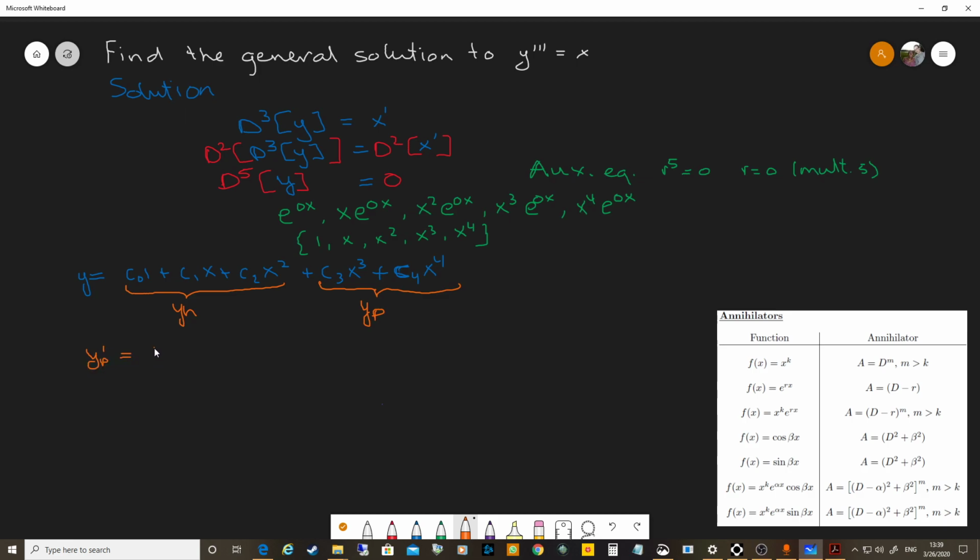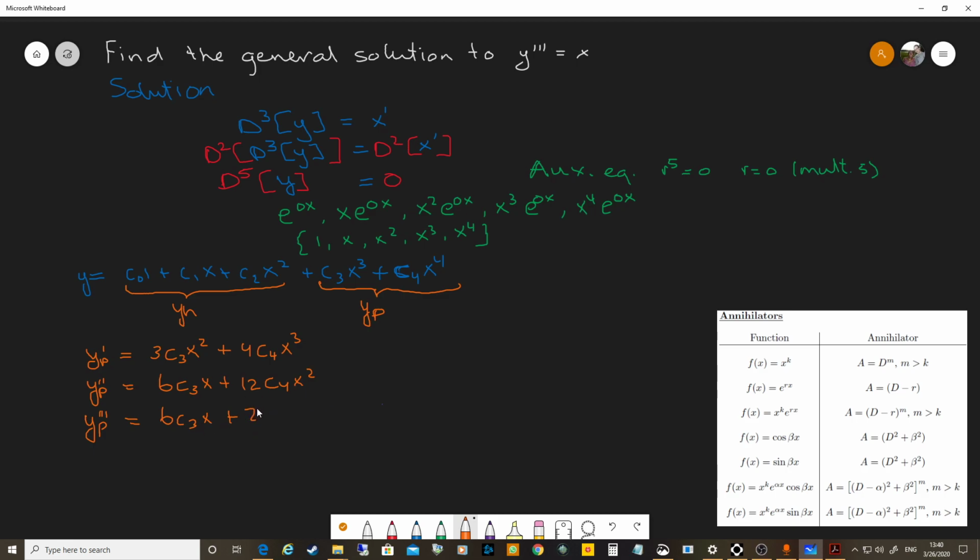So yp prime is 3c3 x to the power 2 plus 4c4 x cubed, and then yp double prime is 6c3 x plus 12c4 x squared, and then yp triple prime, that is 6c3 x plus 2 goes to the front, so that's 24c4 x.